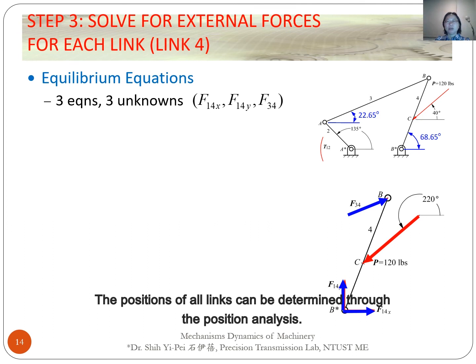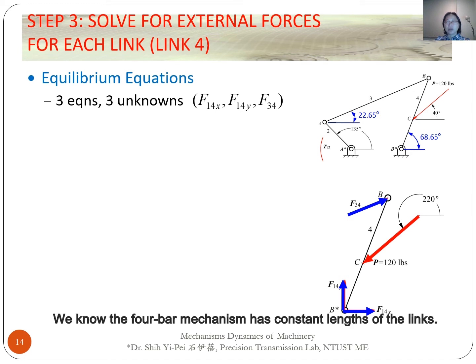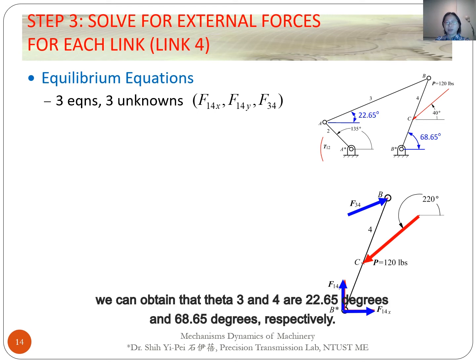The positions of all links can be determined through position analysis. We know the 4-bar mechanism has constant link lengths. If input angle θ2 is 135 degrees, we can obtain θ3 and θ4 as 22.65 degrees and 68.65 degrees respectively.